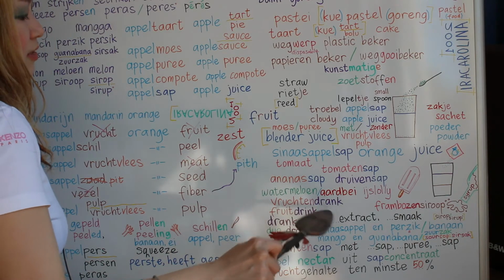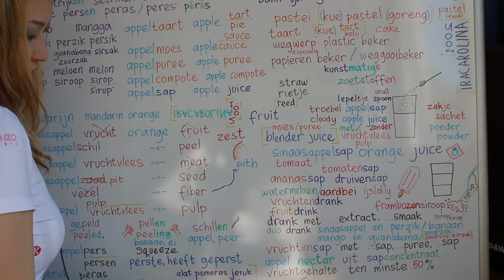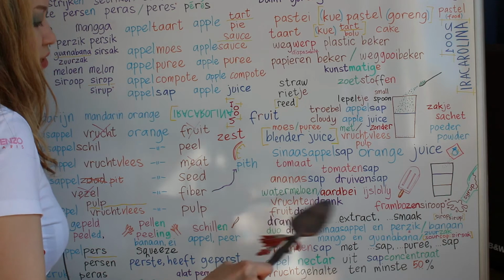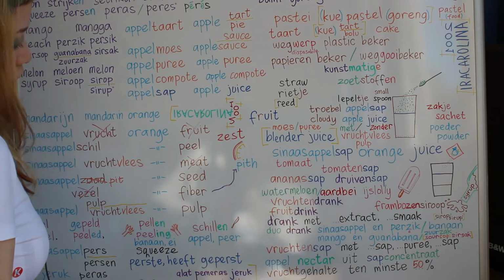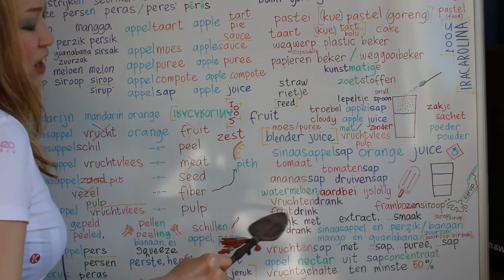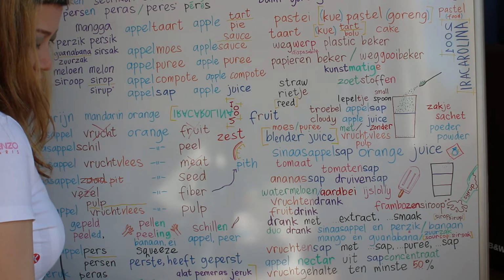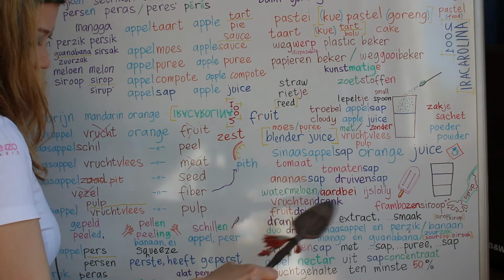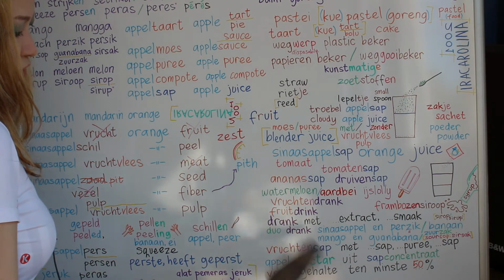Vruchtendrank, one word. Drank is drink, vruchten is fruit. Or you can also say it as fruit drink. So you can say drink or drank, or this one is fruit drink.